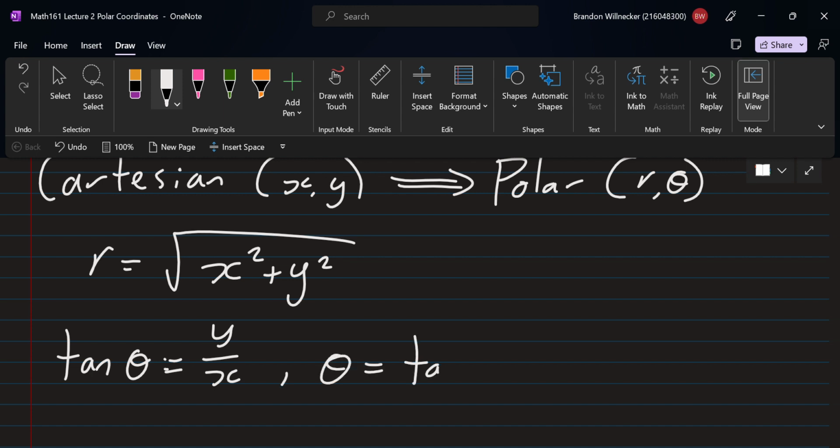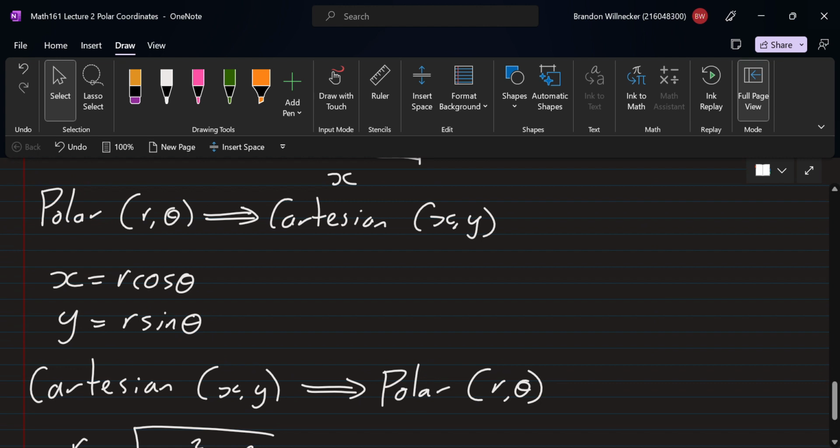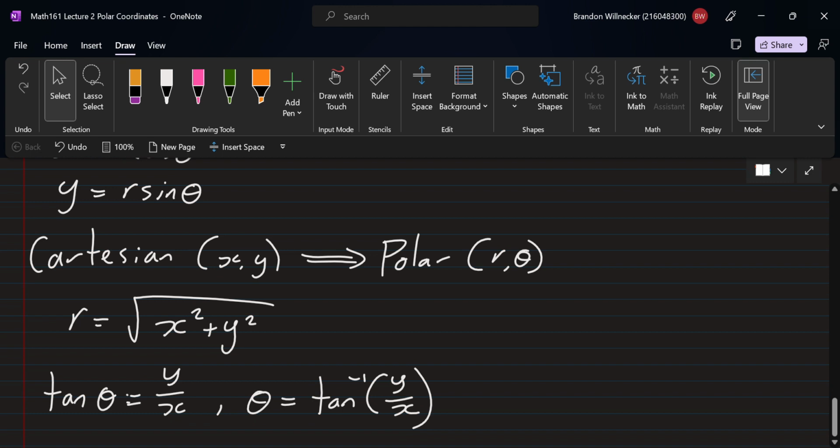Theta will just be inverse tan, or arctan, of y over x. Okay. So that's how we go back and forth between the two. We know how to go from polar to Cartesian. We've derived that. We know how to go from Cartesian to polar. We've derived that. Which means, given any side, we can get to the other one.